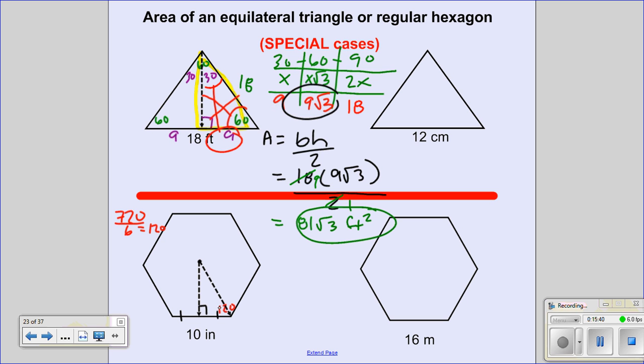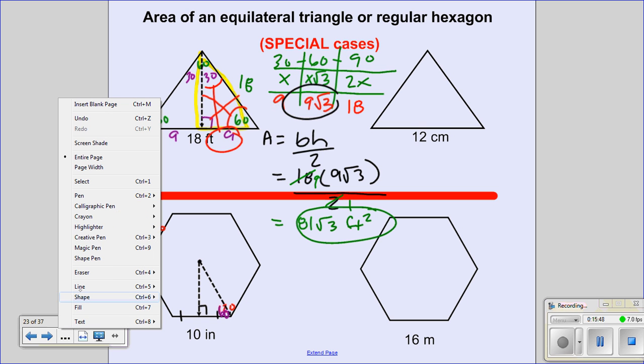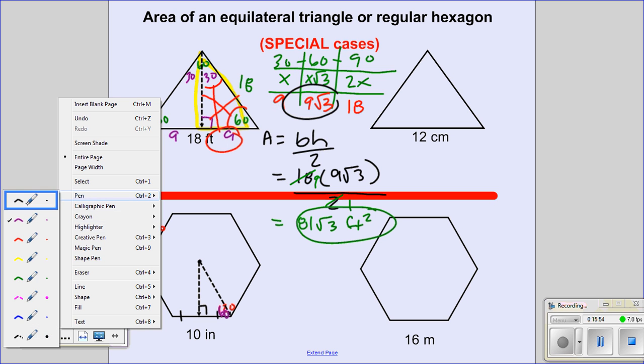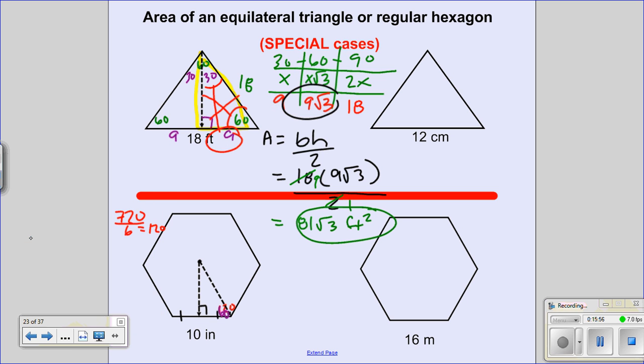So again, I have now formed a 30, 60, 90 right triangle. So to find my apothem, it's across from the 60-degree angle. Across from the 30-degree angle is 5.